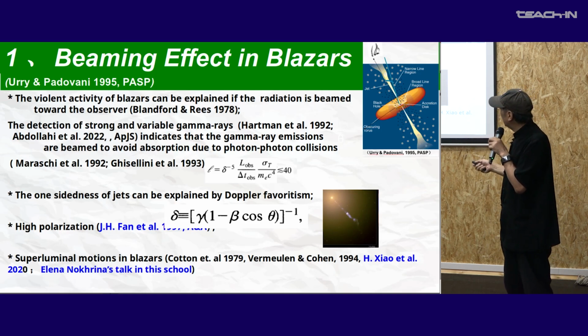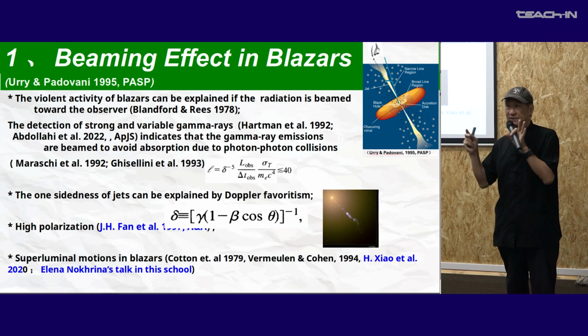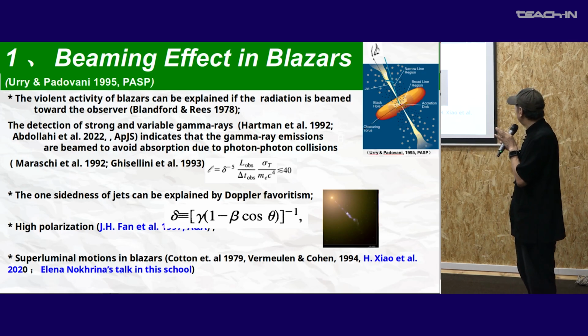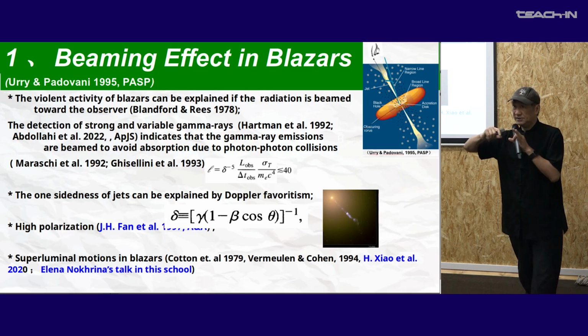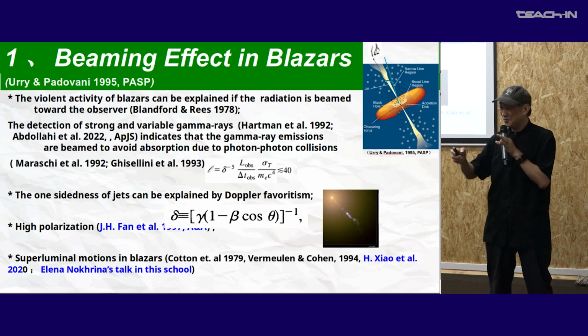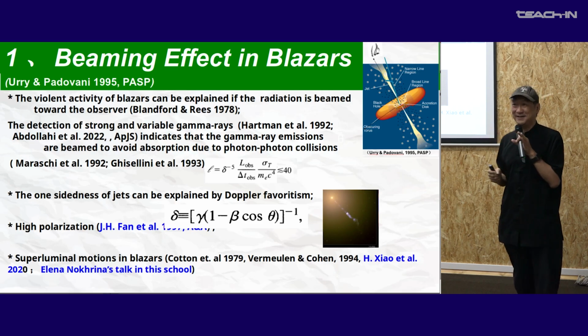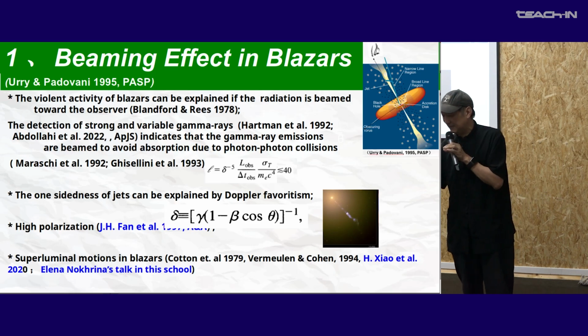We can also explain the one-sidedness of the jets by the Doppler boosting effect, because if there are two jets, when this jet points to us, the other points in the other direction. So this one is very, very bright, but this one is faint. So it looks like only one side of the jet.